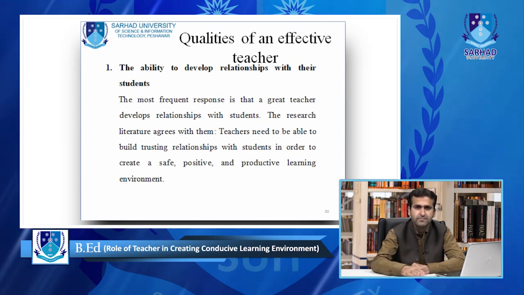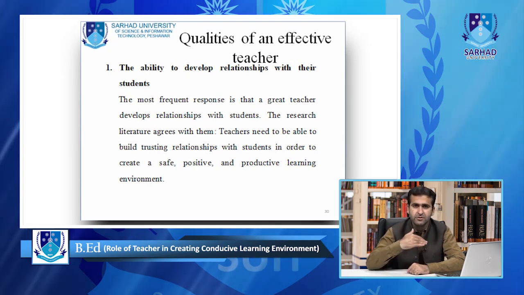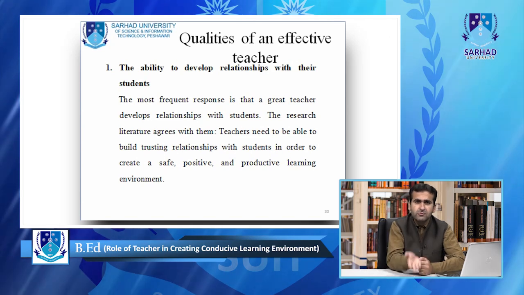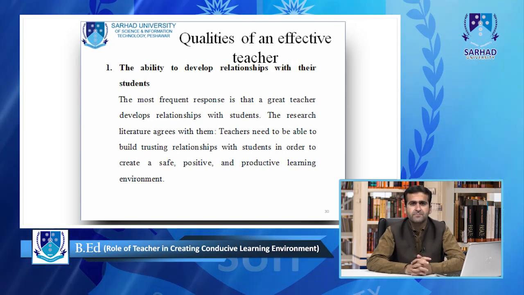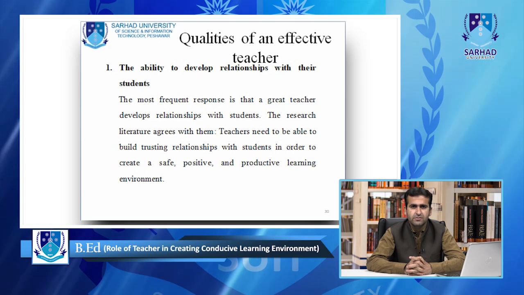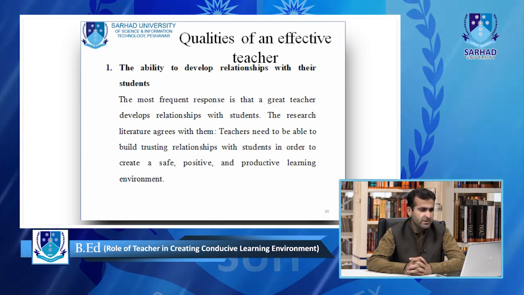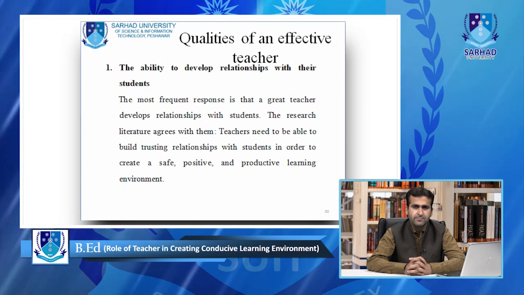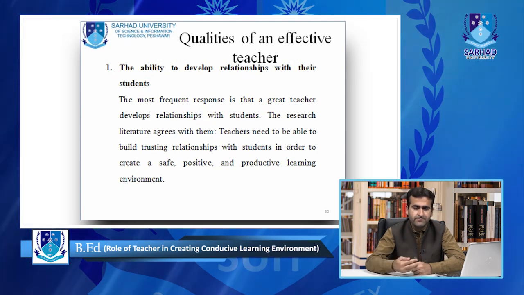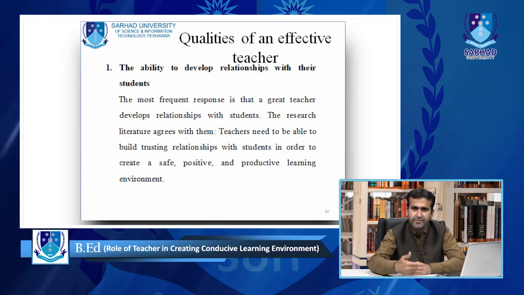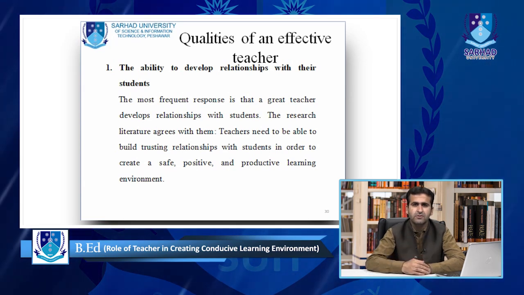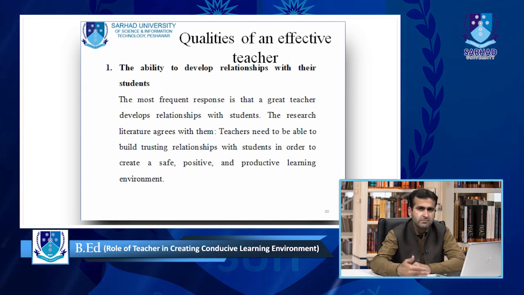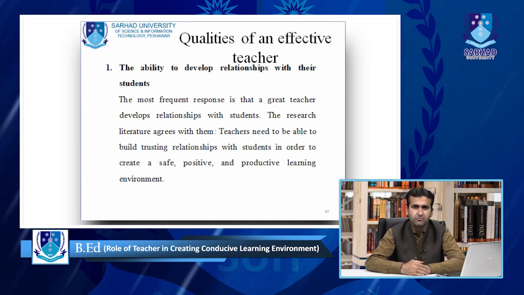If it is low, the teacher needs to take responsibility to uplift the mental level of the student. That's why we need to know our student by name, by their mental level, by their family background, by their social background, by their ethical background. We need to know all these things.